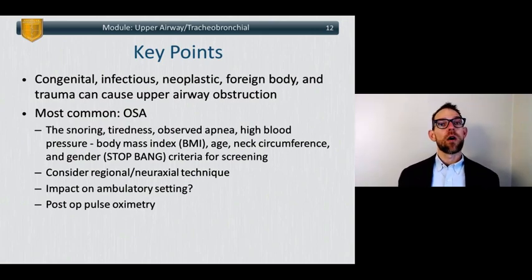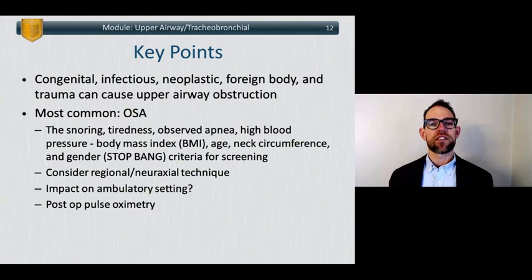As we talked about, OSA is the most common. Of course, these patients have daytime sleepiness, snoring, observed apnea, elevated blood pressure, elevated BMI, age greater than 50, large neck circumference, and gender. These are the criteria for screening in the absence of polysomnography. That's called the STOP-BANG criteria.